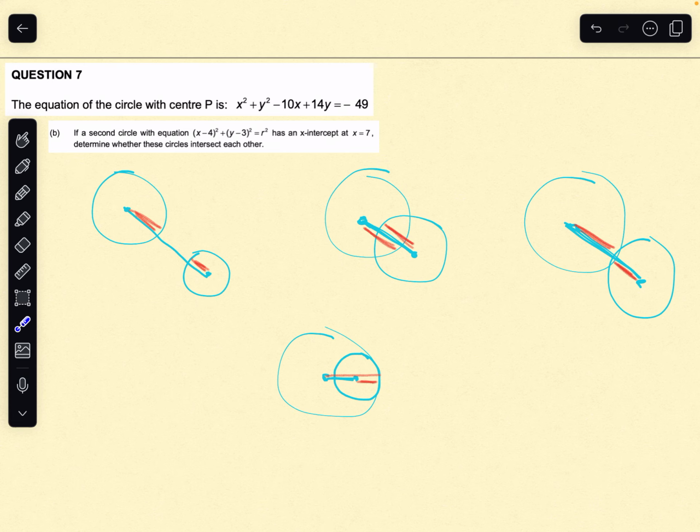So it could be a situation where there's an overlap and two intersections, or it could be a situation like this where this circle is inside the other one and intersects at once. So I guess there's a disclaimer here.